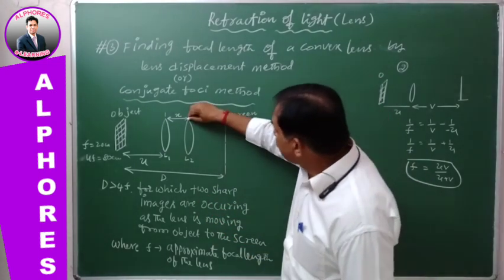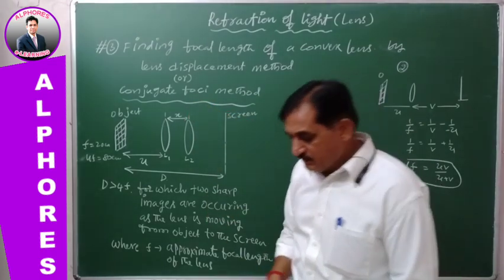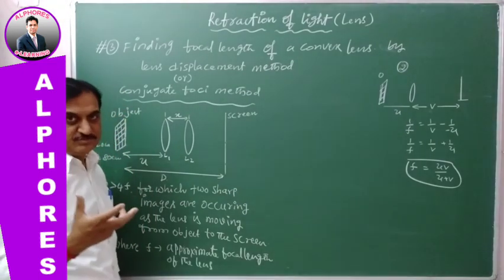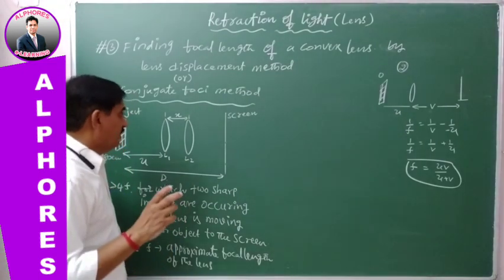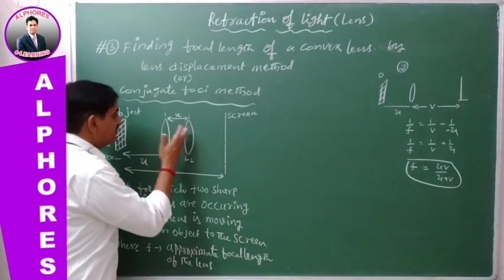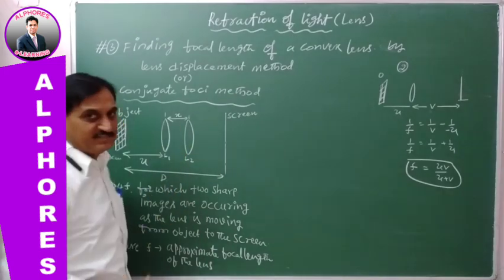Therefore the position is marked there. So two sharp images are found on the screen at two different positions of the lens.